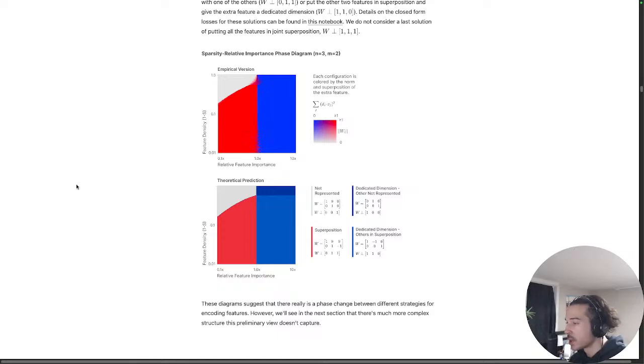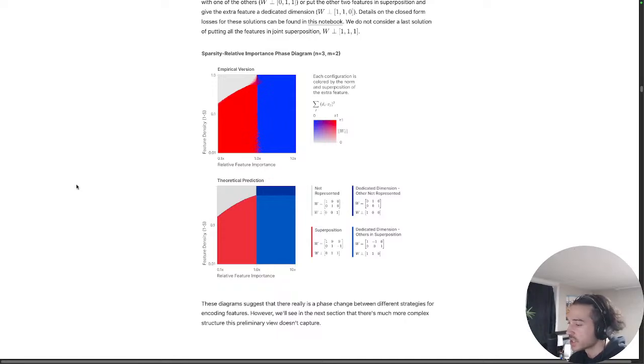W is orthogonal to (1, 0, 0). Superposition: W equals 1, 0, 0, 0, 1, -1, and W orthogonal to (0, 1, 1). Dedicated dimension, others in superposition: W equals 1, -1, 0, 0, 0, 1. W orthogonal to (1, 1, 0).